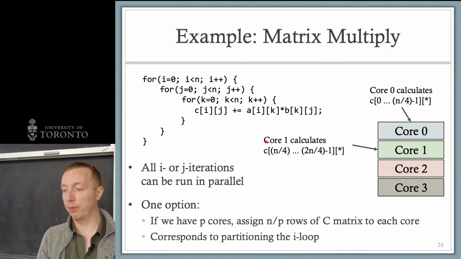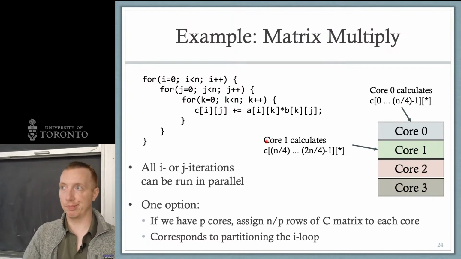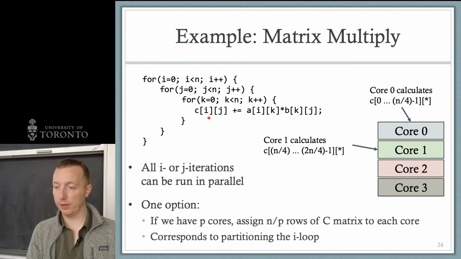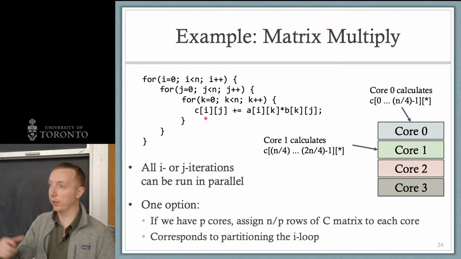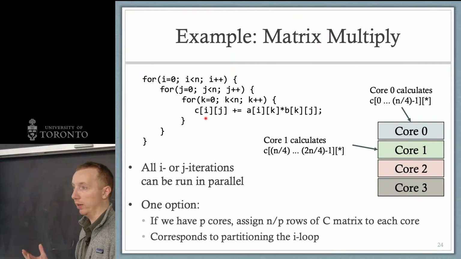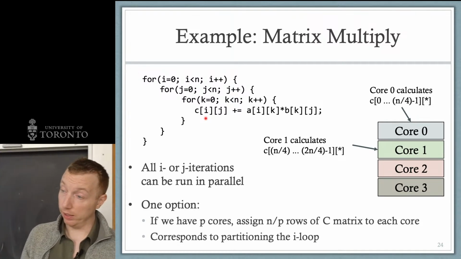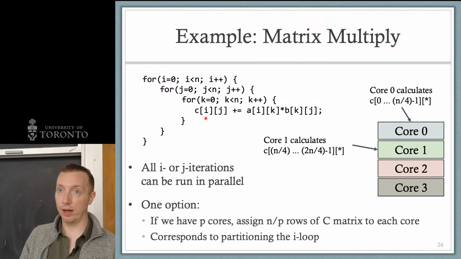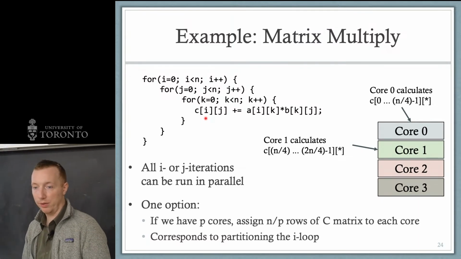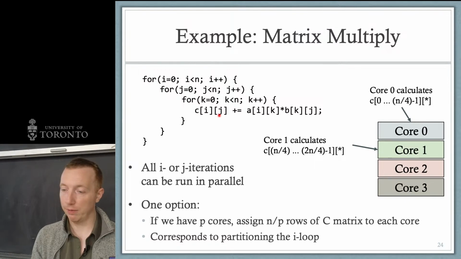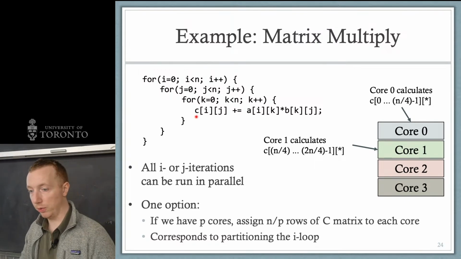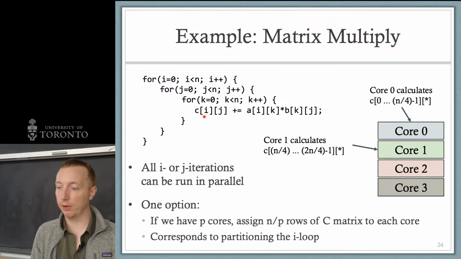So I can have just one core calculate a fourth of the values. And that is okay because each thread would be writing to its own independent location. I don't have any problems with a data race, because a data race is two concurrent actions to the same location with at least one being a write. So if I divide it up, and have each thread do a fourth of the work, then each thread is writing to its own unique memory location. I don't have a data race.